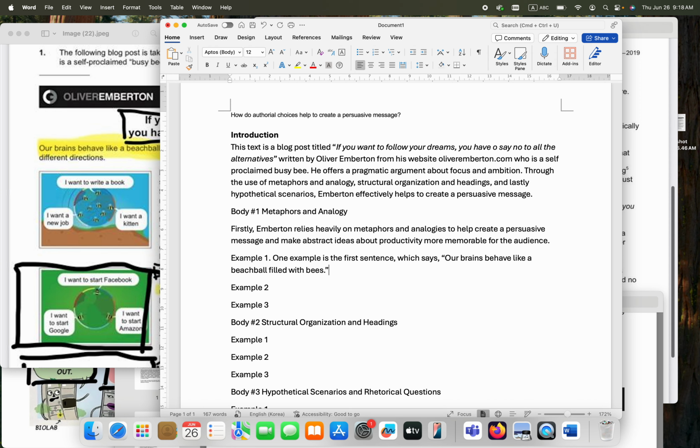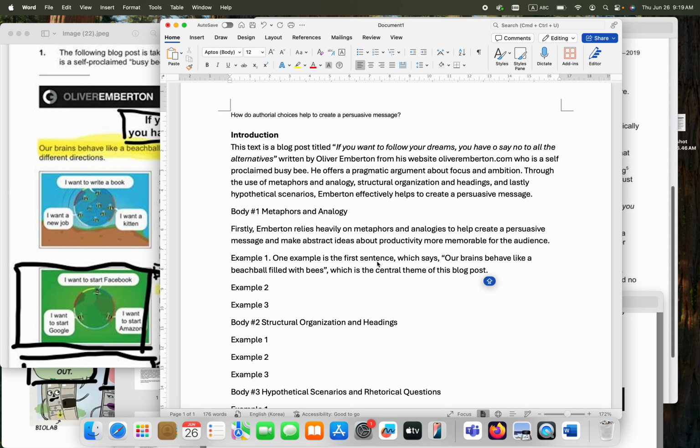So we can use the PEEL paragraph, so point, example, explain, and then link, which in this case will be just PE, so point, example, and then explain. So I'm going to explain this example right here. So you can say, which is the central theme of this blog post. And then you would explain this, right?